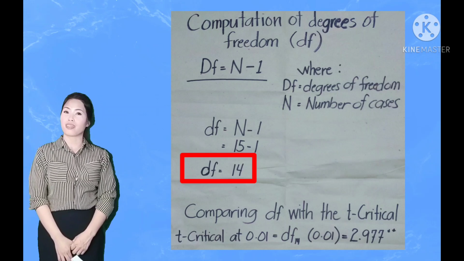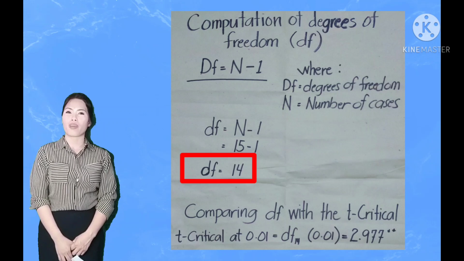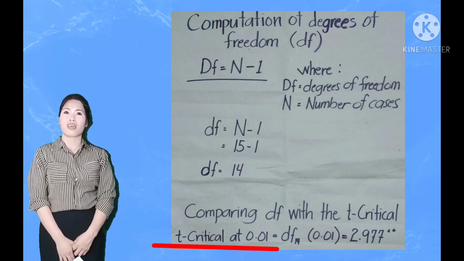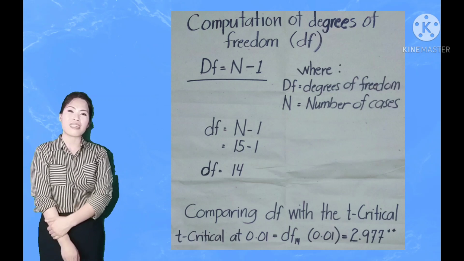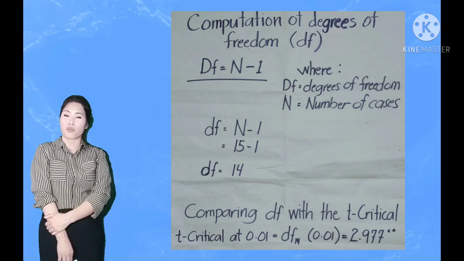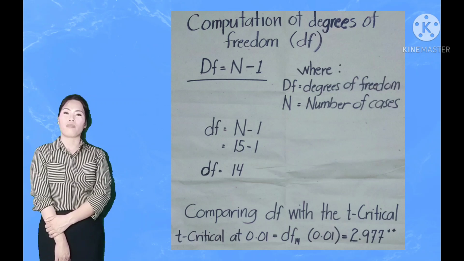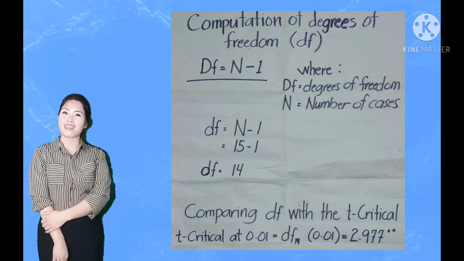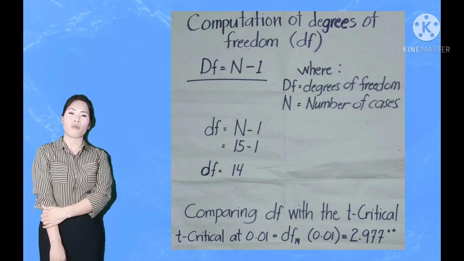Now that we have our degrees of freedom, which is 14, we can now compare it with the t critical. So our t critical here is 0.01. On comparing the degrees of freedom with the t critical or t tabular, we're going to use the t distribution. As you remember earlier, I showed you pictures of how the t distribution looks, or the t distribution table, or the t table here.